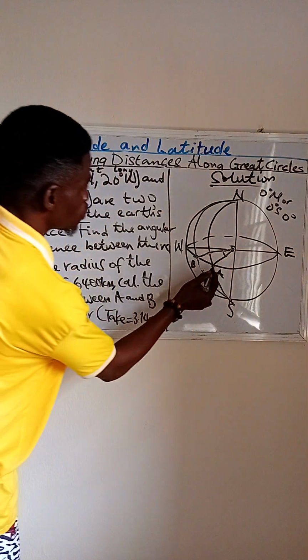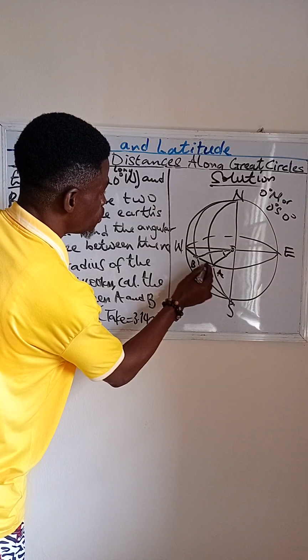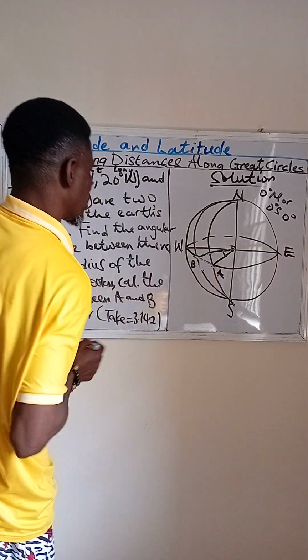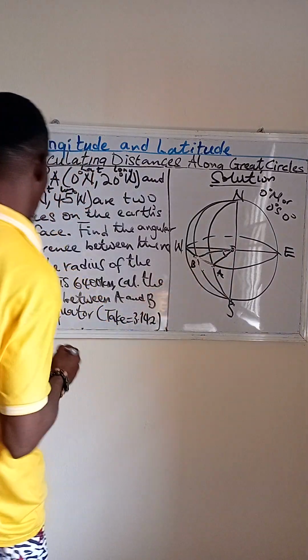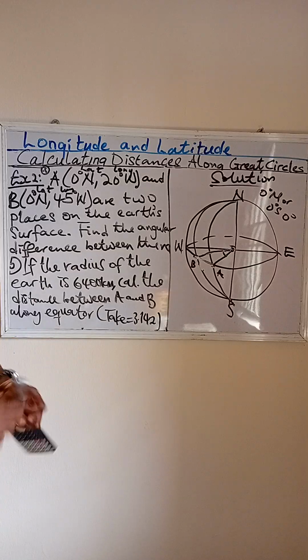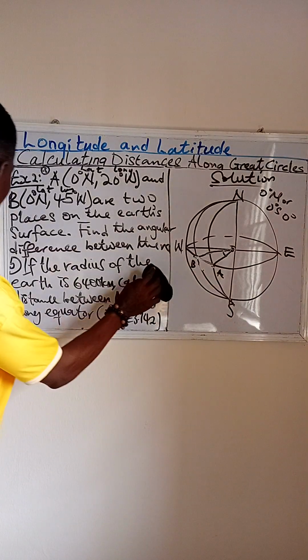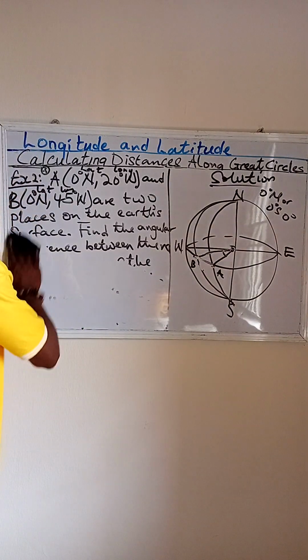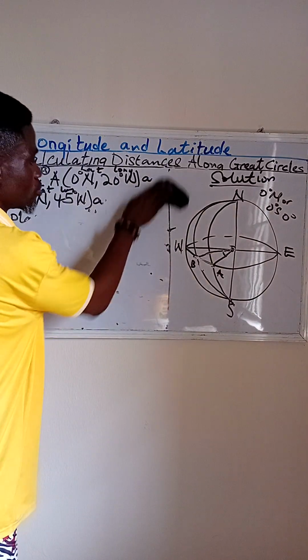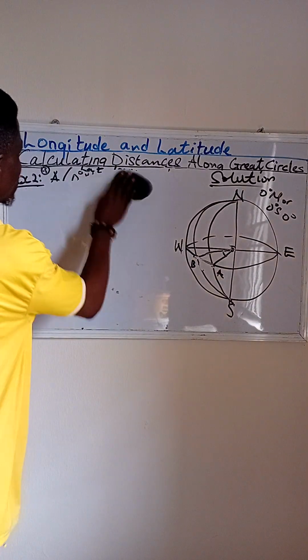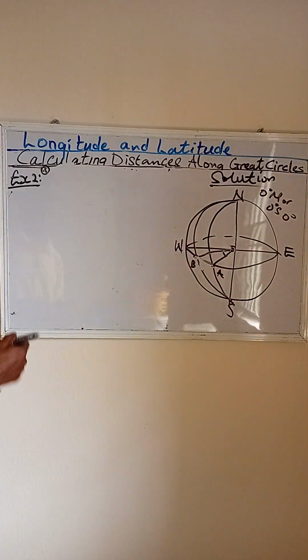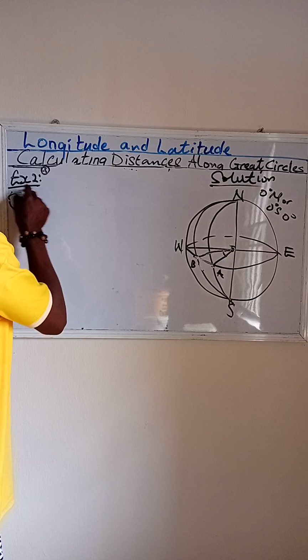Now, the distance between A and B is what we are asked to calculate. But before that, you need to know the angular difference. That is the first question to consider.